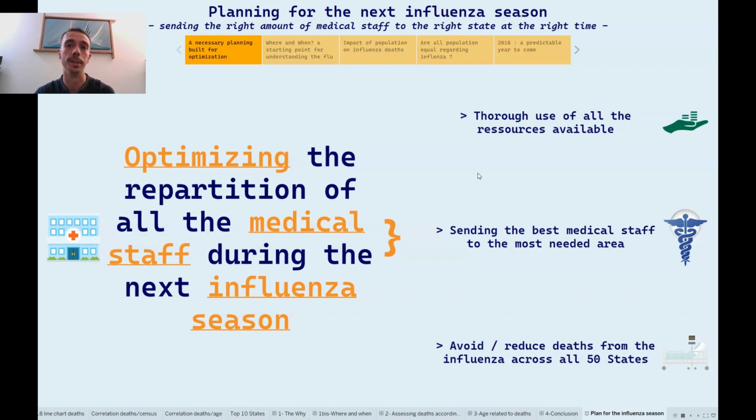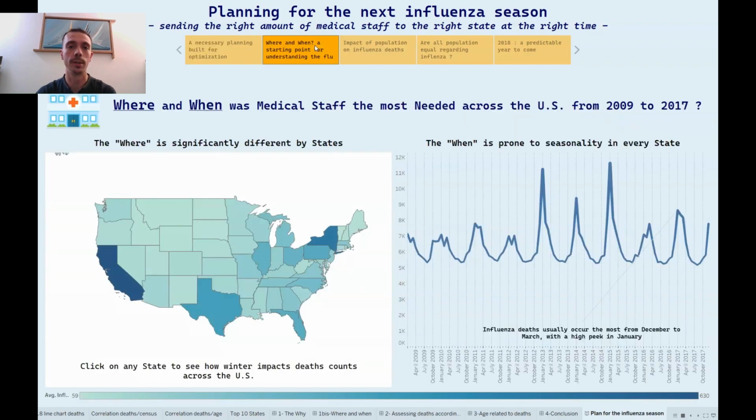But how to proceed? First question coming to mind is the where and when to send this medical staff. For this study, I was able to use an official data set counting all mortality rates from the influenza or from any ILI.